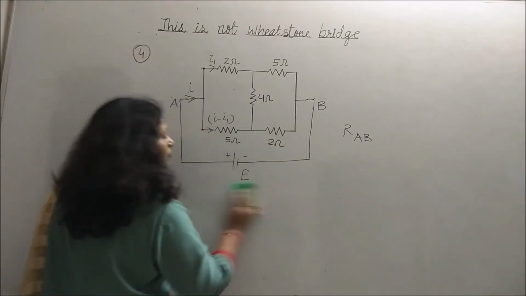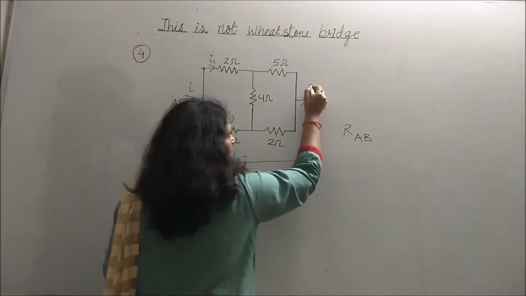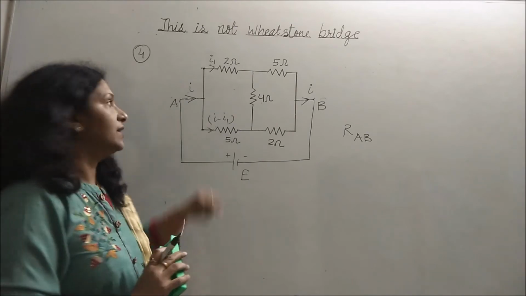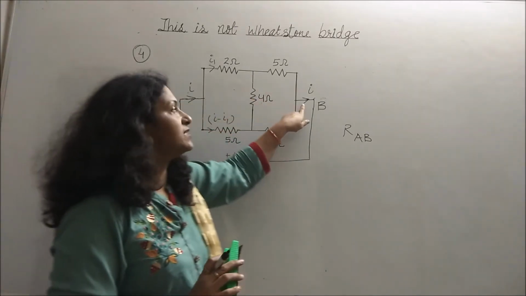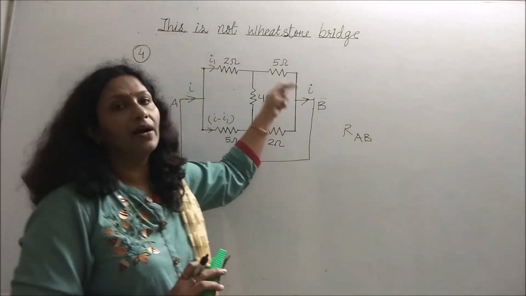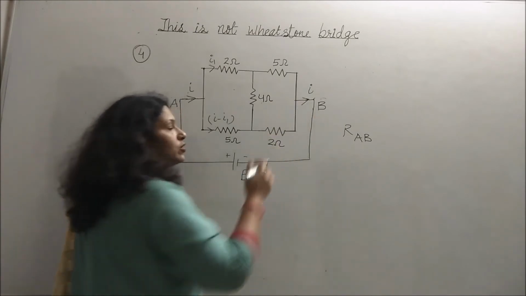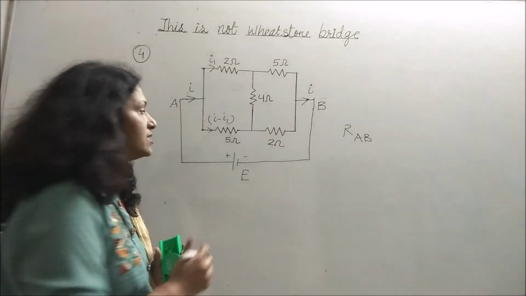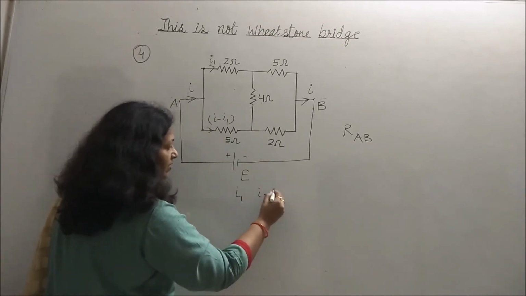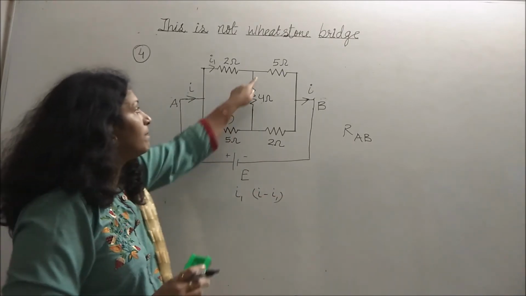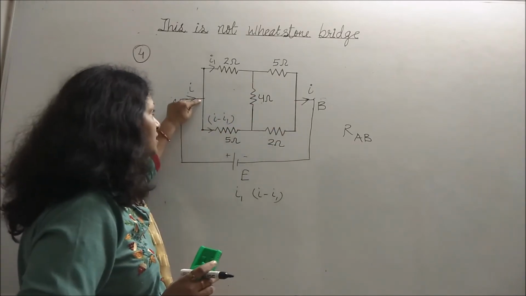Same current would be coming out of this circuit, and it is nothing but I. The current that is entering into the circuit would be the same as the current coming out of the circuit. This current is also made up of two currents, that is I1 and I minus I1. Why? Because the path is the same, that is joining to this node and this node.